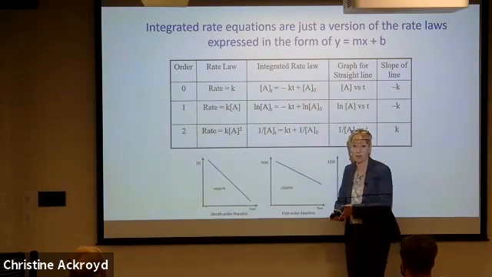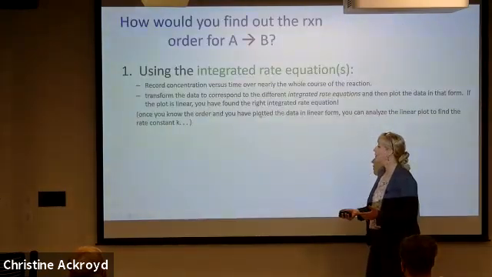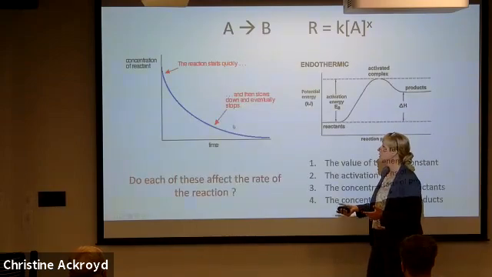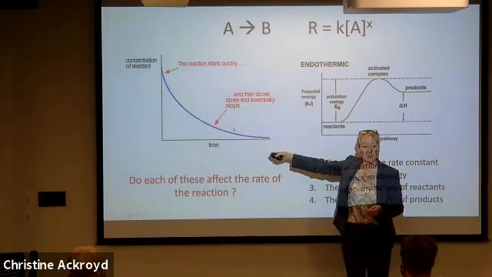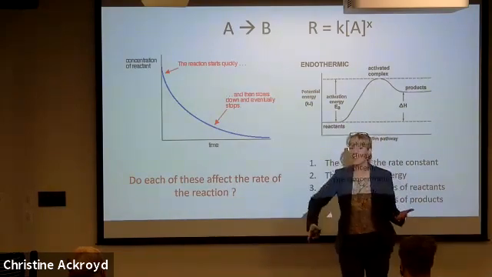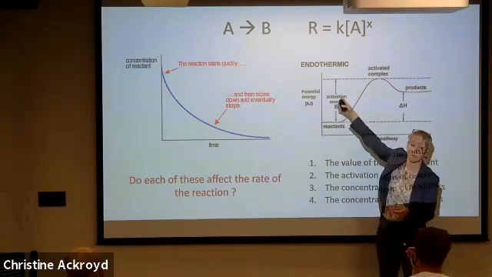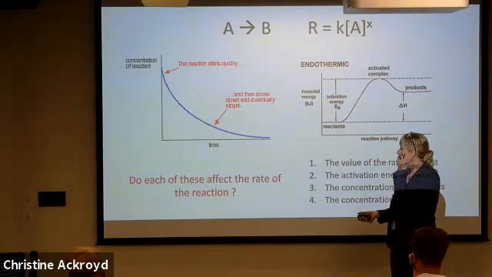These forms of the rate law allow us to evaluate what happens to the concentration over time as a reaction progresses, which is a pretty useful thing to do instead of just having the rate law. Okay.